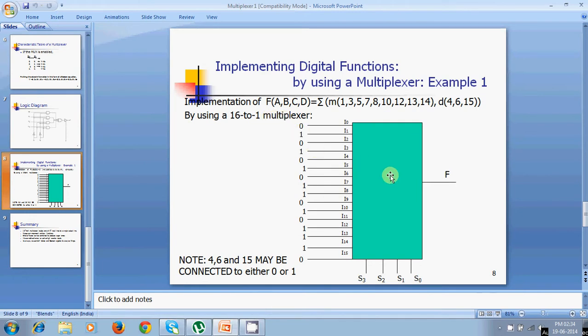We will connect those inputs which are present in this function to logic high, and we will provide a logic 0 to those which are not present in the function. In the function, there are some don't care conditions. The don't care conditions may be either 0 or 1.